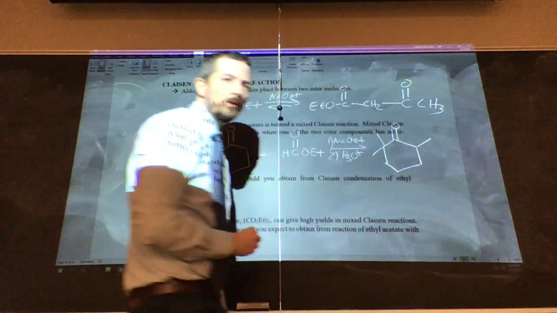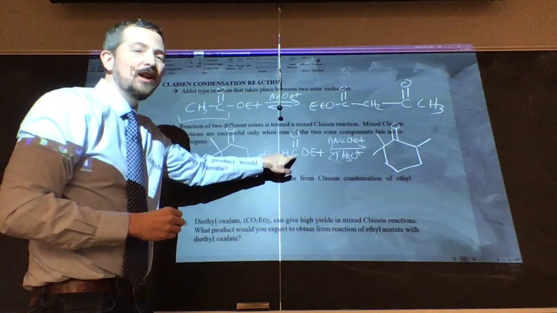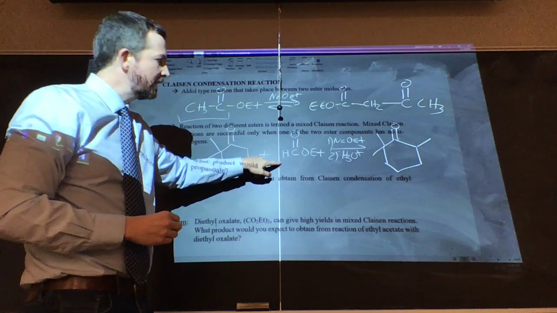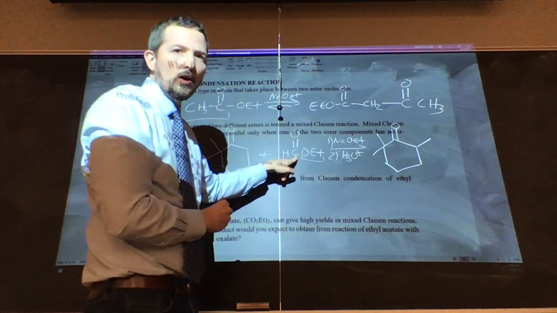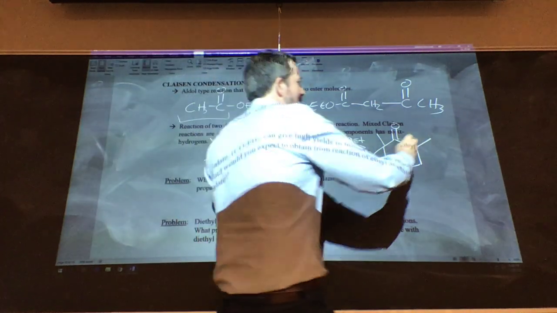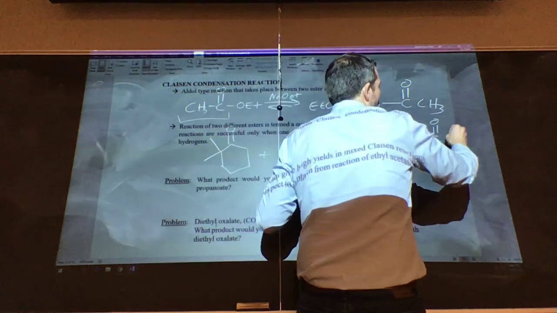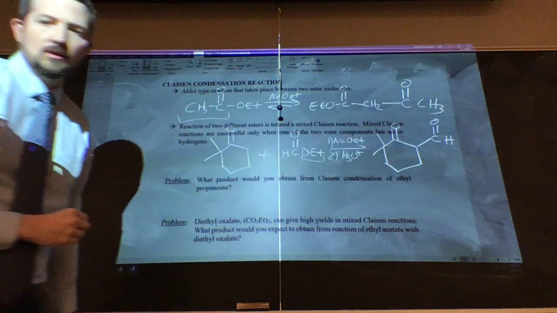So I'm going to show that one bonded. Here's my ester. There's no alpha protons here, and so I'm going to attach that carbonyl and kick off that leaving group. So what I have attached to the alpha position would be just that carbonyl.